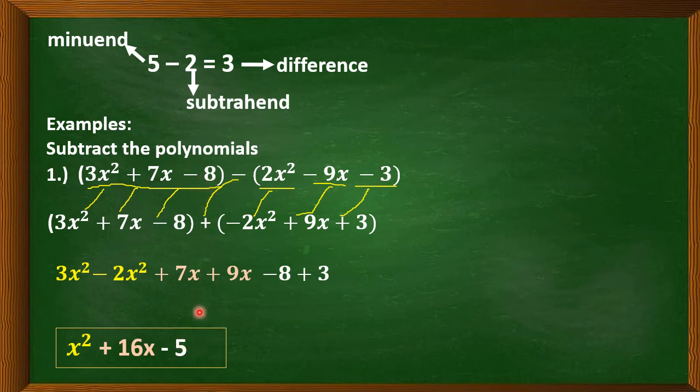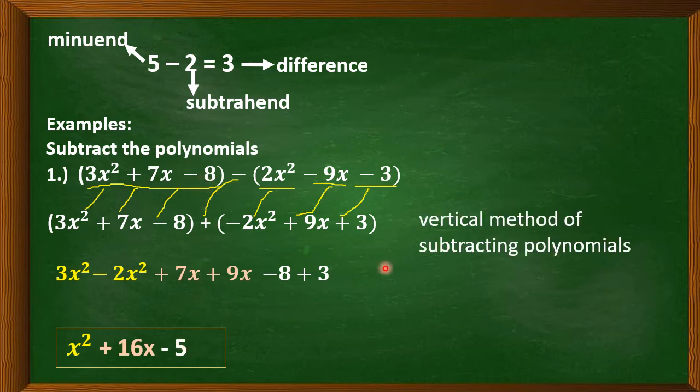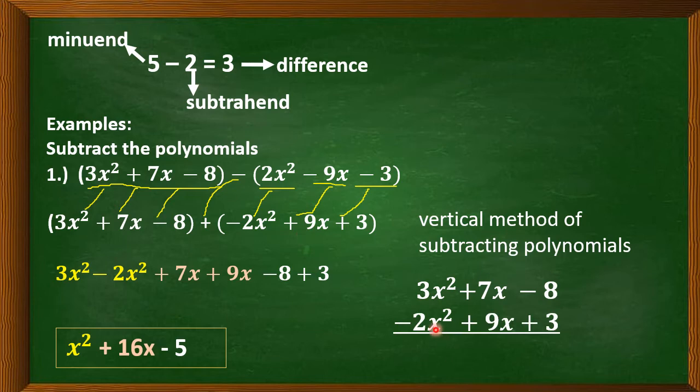We can also solve this in vertical method. So what we are going to do is copy the minuend, 3x squared plus 7x minus 8. And then the subtrahend, see to it that every term is being changed from positive to negative, negative to positive.